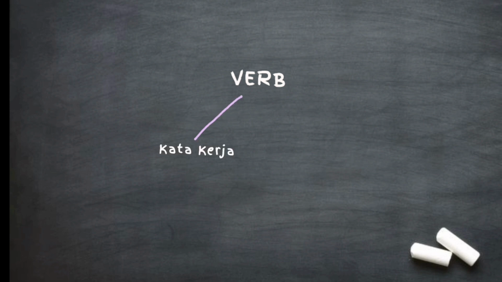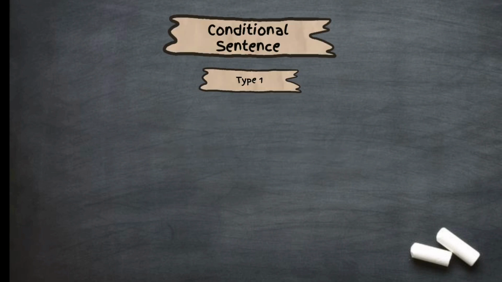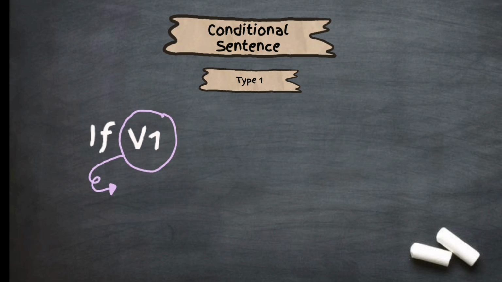But then maybe some of you ask, what is verb? In Bahasa, we know verb as kata kerja. Or we can also say that a verb is the predicate of the sentence. For the type 1, we know that we use verb 1. It means it uses simple present tense.